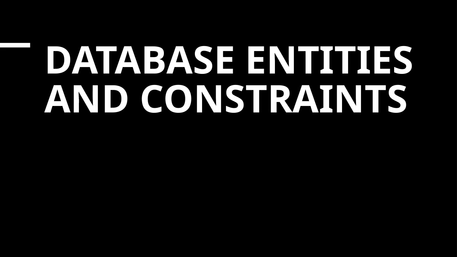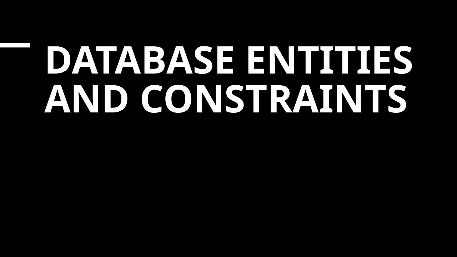Next, we'll focus on the key components that make up a database, its entities, and the constraints that ensure data remains accurate and reliable. Entities represent the main objects or concepts in a database, such as customers, orders, or products, usually organized into tables. Constraints are rules applied to these entities to maintain data integrity, for example, ensuring that primary keys uniquely identify records, foreign keys link related tables correctly, and that certain fields cannot be left empty.